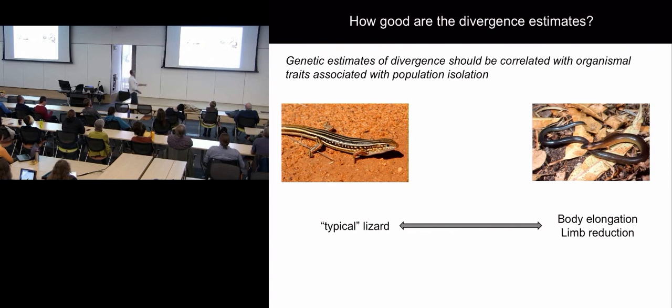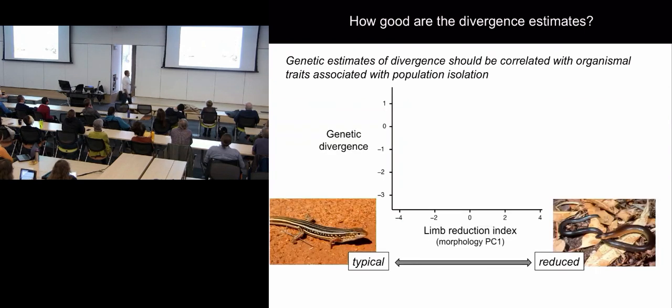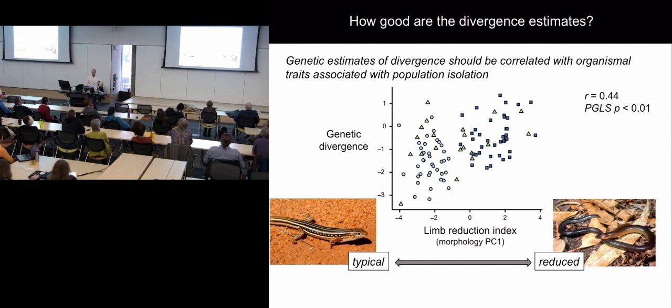One of those traits that's been speculated about is body elongation or limb reduction, where the prediction is that lizards that have reduced limbs are going to be more limited by their substrate because they're burrowing animals, and they're going to diverge more in space. So we've tested this relationship because within this radiation we have species that look like normal lizards and species that look like largely limbless lizards, and we've looked at how genetic divergence scales with the limb reduction of those individual species. When we do that, we get a relationship like this.